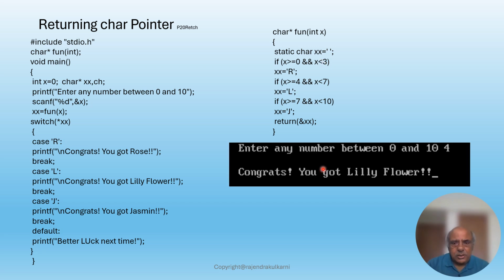What is the output? Enter any number between 0 and 10 as prompted by the program. I entered 4, and what I got back from this program was lily flowers.